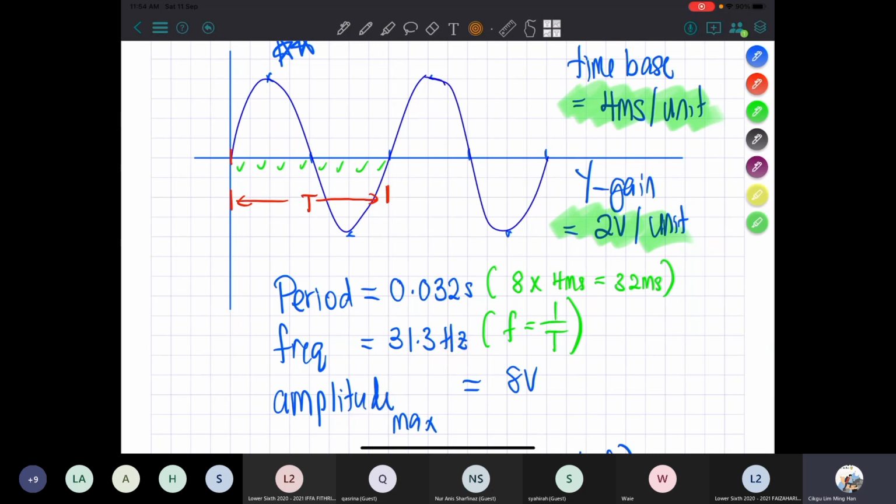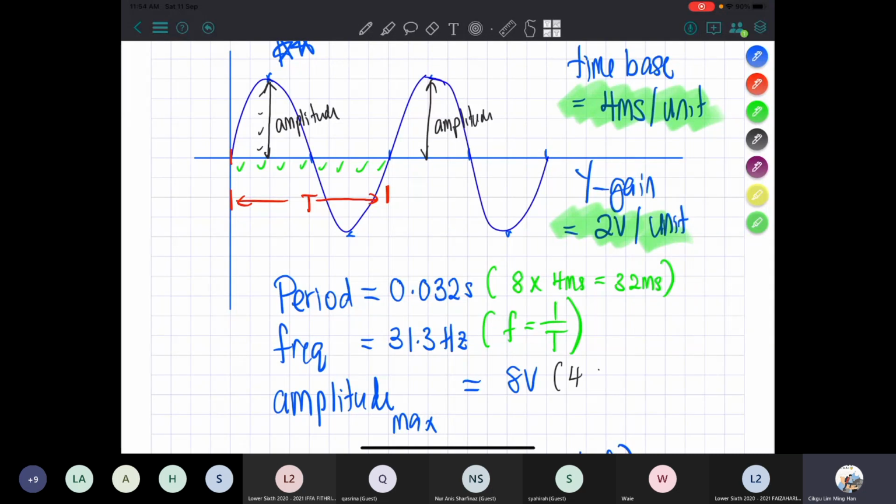Now for amplitude, it will be this one. This is the amplitude. It's the biggest, because I want to find out the maximum amplitude. If I go and count the boxes, it will be 1, 2, 3, 4, 4 boxes.